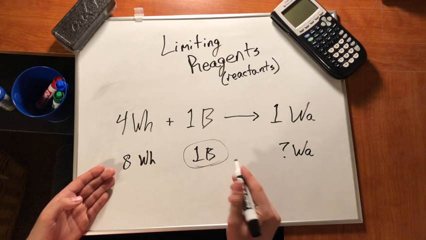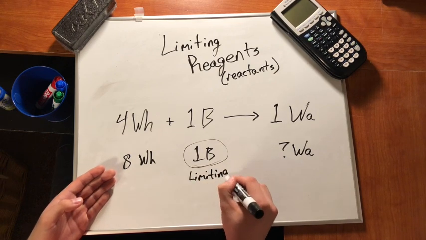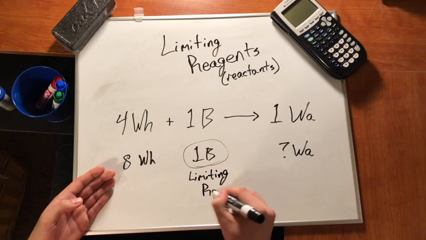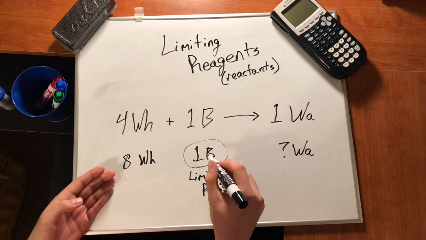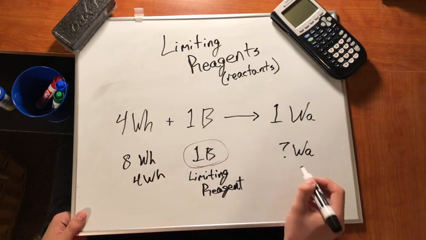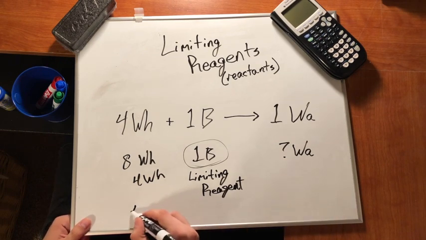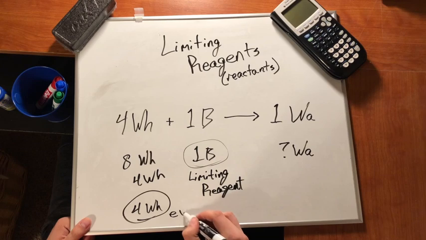The body here is what we call the limiting reagent, so to speak, in this example, right? I'll be able to use one body, and I'll be able to use 4 of the wheels to make my wagon, but I'm going to have 4 left over, right? So we might say that I have 4 wheels in excess.